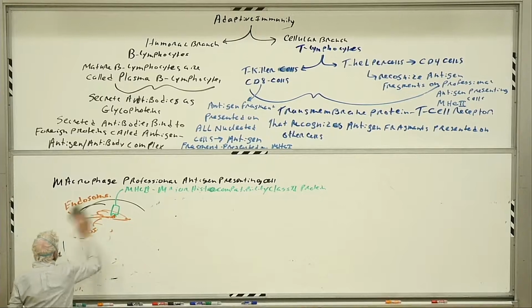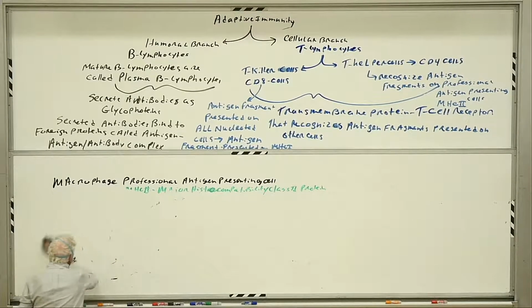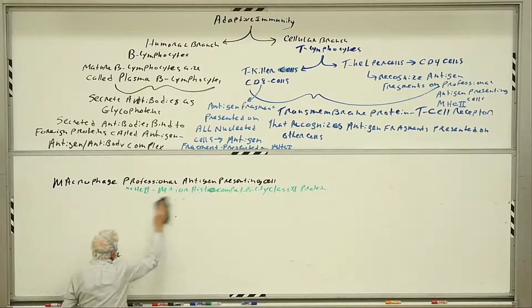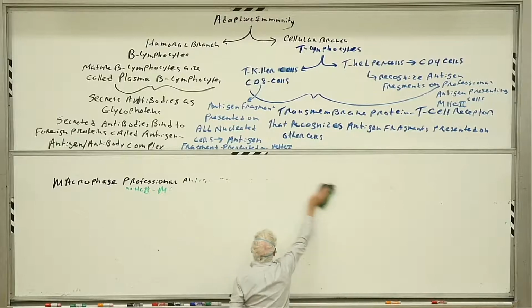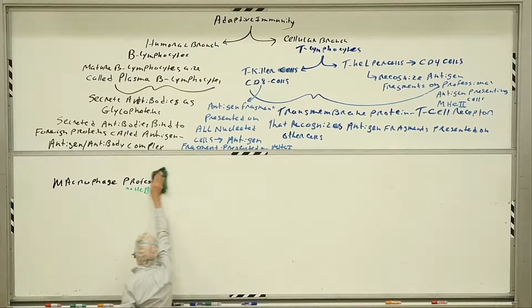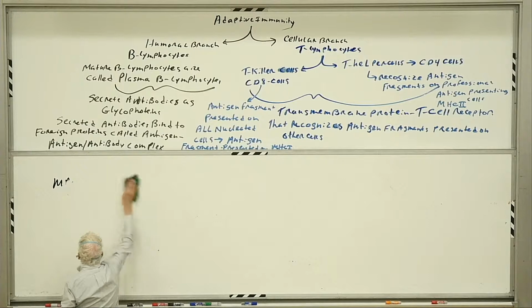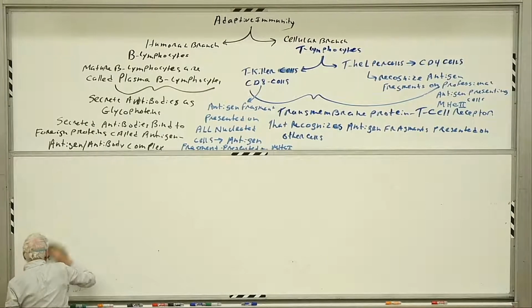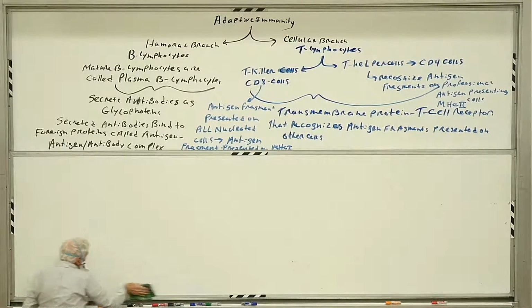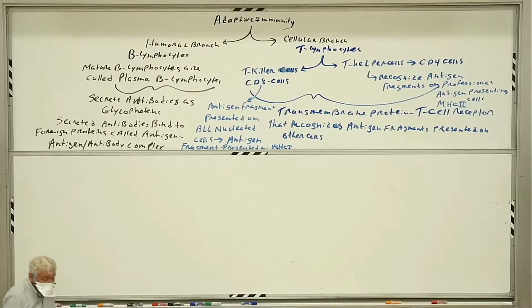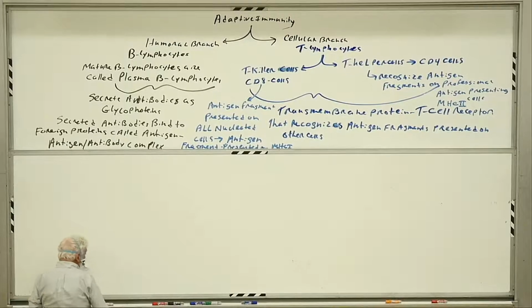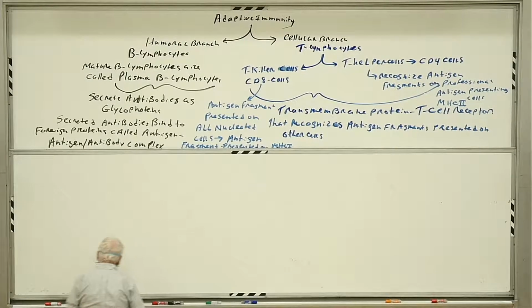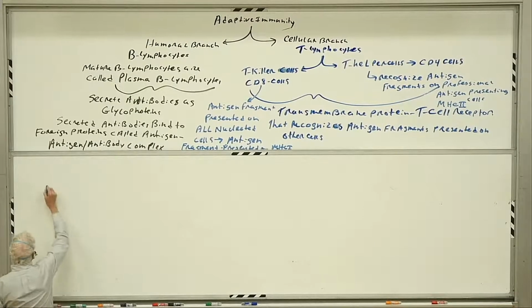We need to spend a little bit of time talking about this because these are the proteins that give the immune system its specificity. So that once you were immunized against any particular disease, but let's say it's COVID. Now, your immune cells are generating these antibodies. They're secreting these antibodies. And these antibodies all have a lot in common. So we're going to talk about here is antibody structure.